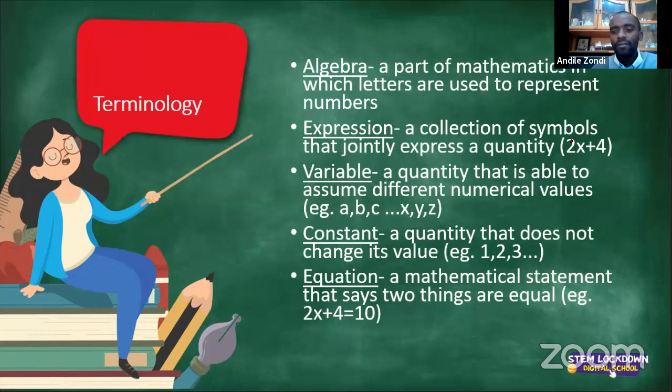For an example, 2x plus 1. Let's say there's a class of 20 boys and 30 girls.